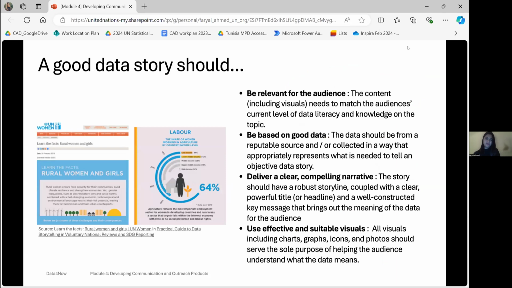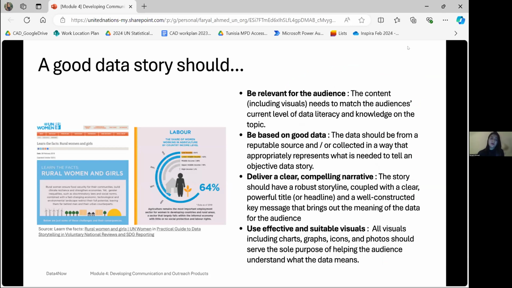So a good data story, to summarize, should be relevant for the audience. The content, including visuals, needs to match the audience's current level of data literacy and knowledge of the topic. And in our first session, we also covered the different kinds of users that we have. So for example, we have journalists, we have policy analysts, we have students, we have the general public.